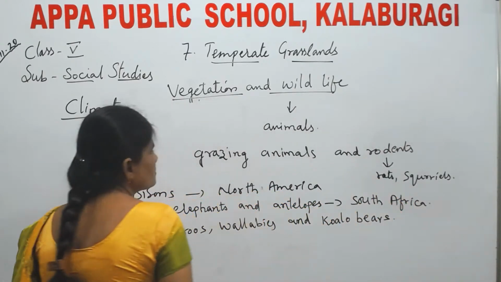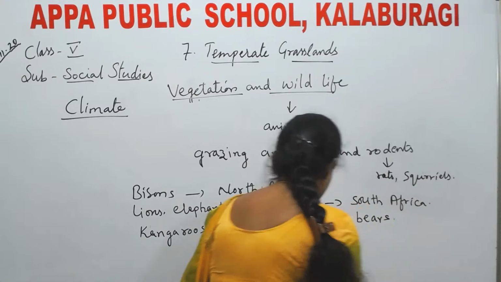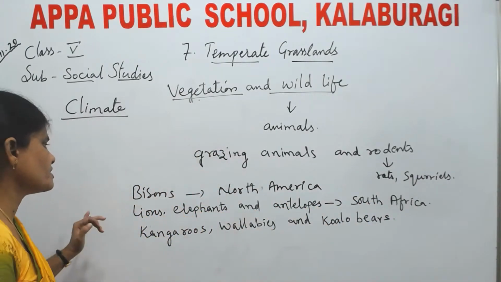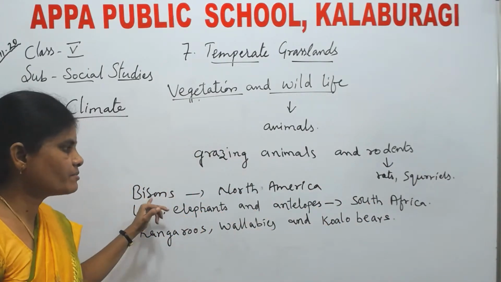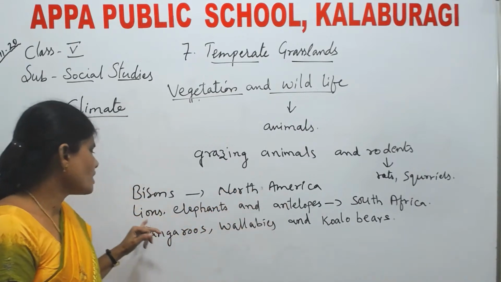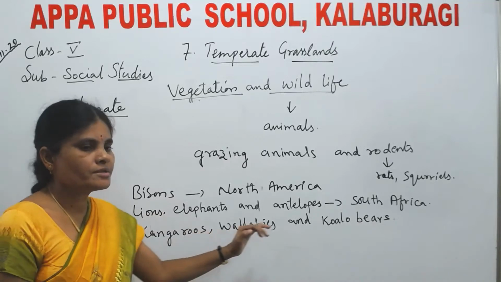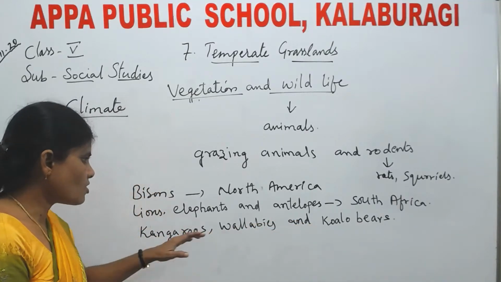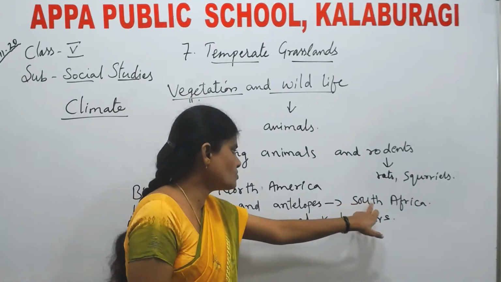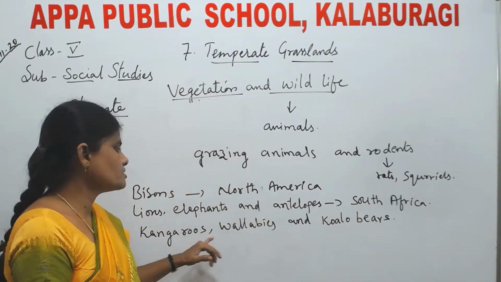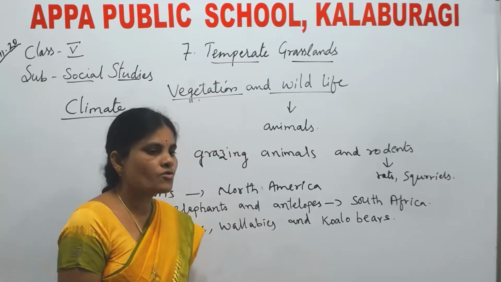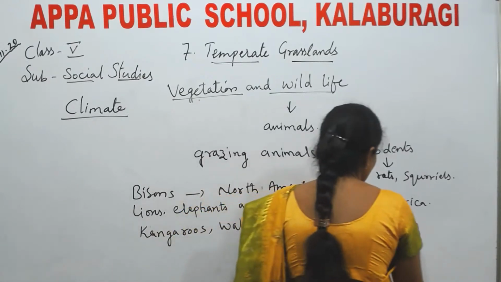Listen here. These are the common animals. Bisons are the common animals found in North America, and lions, elephants, and antelopes are the animals found in South Africa, not in South America, South Africa. Next, the kangaroos, wallabies, and the koala bears are found in Australia.